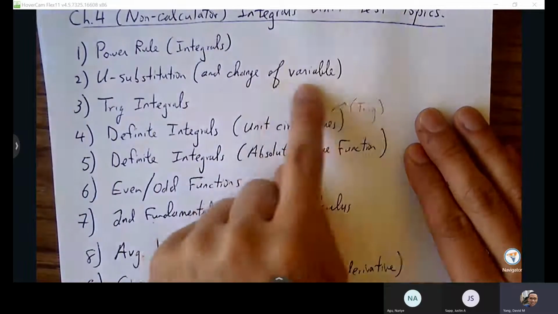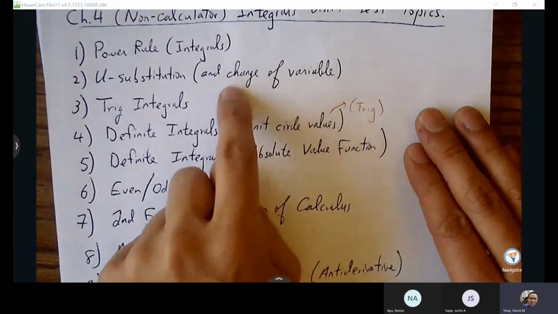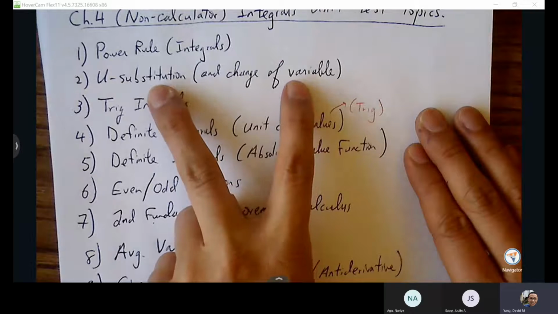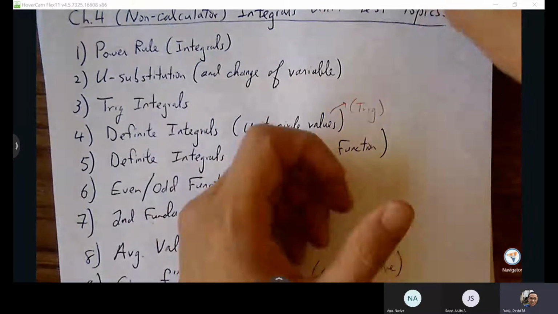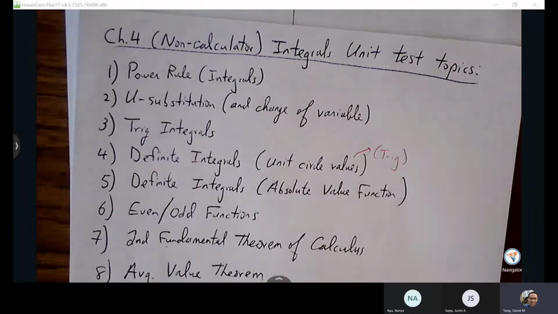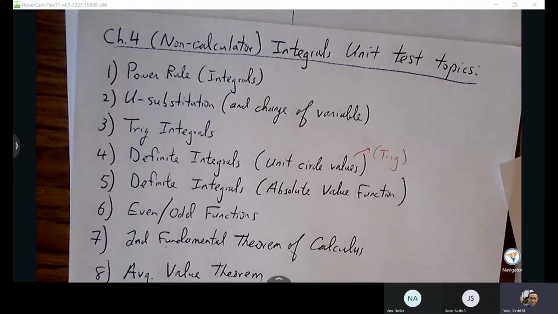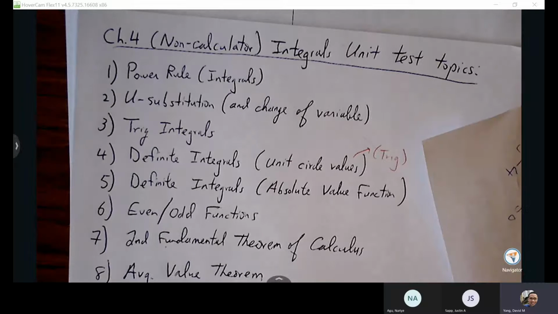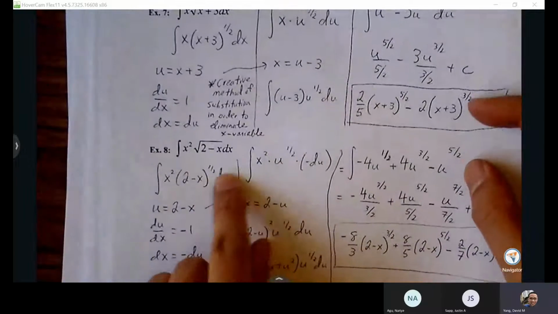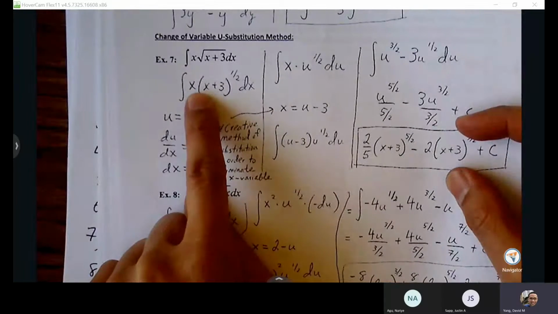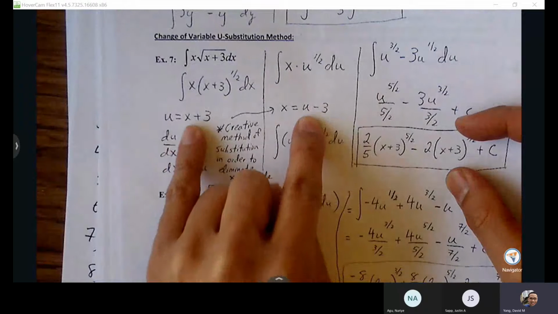So let me start off with change your variable. Actually, we did this today. Do you guys want to see this, or you think you're okay with this? This is where we made the substitution initially, but then the variable didn't go away, so we had to solve for x in terms of u.